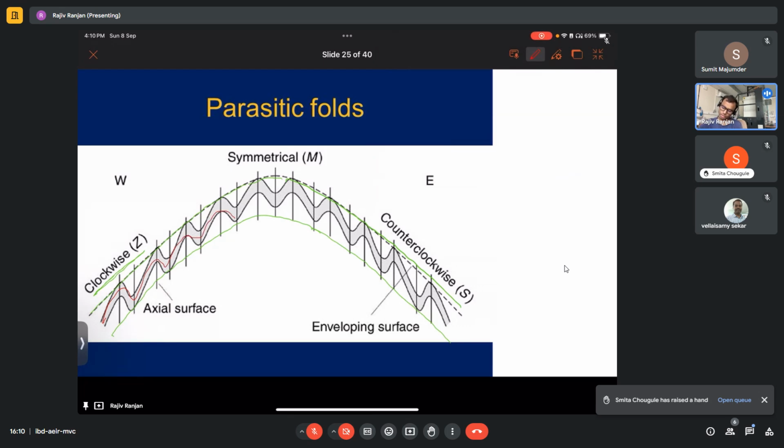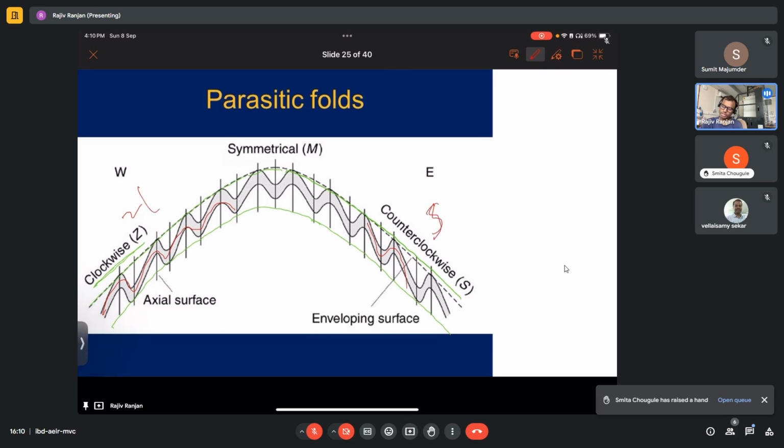Here you can see it appears like a Z. Here it appears like an S. To understand this Z and S, when you have a clockwise, long, short, long. You can see, right? Long, short, long, long, short, long. Here, long, short, long.